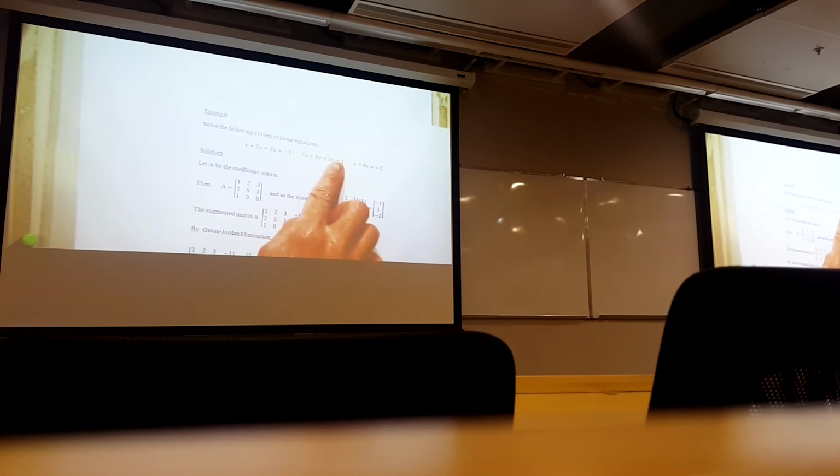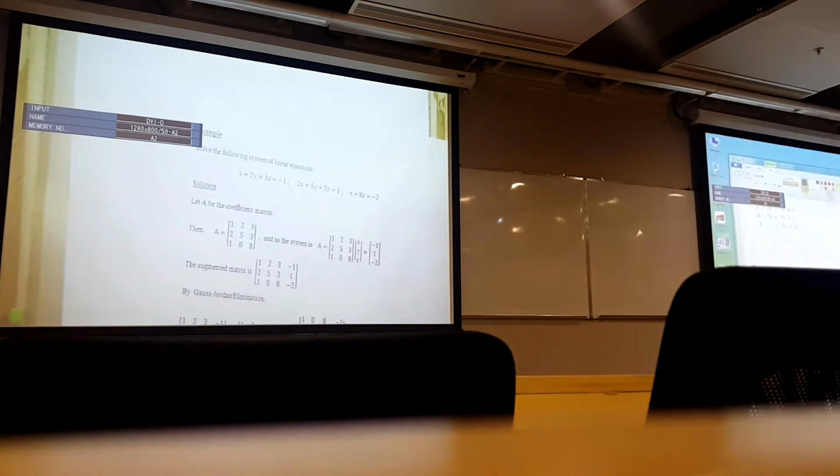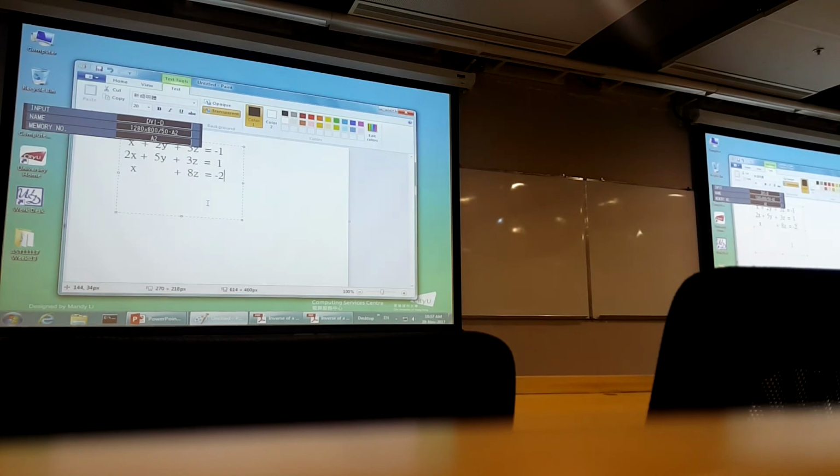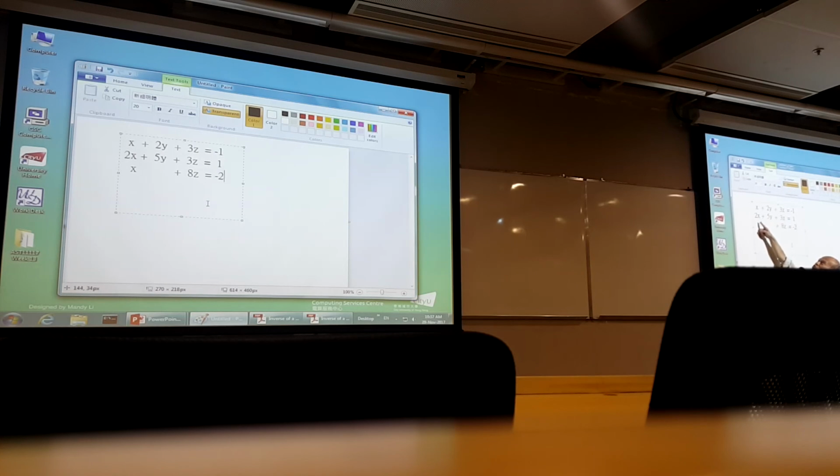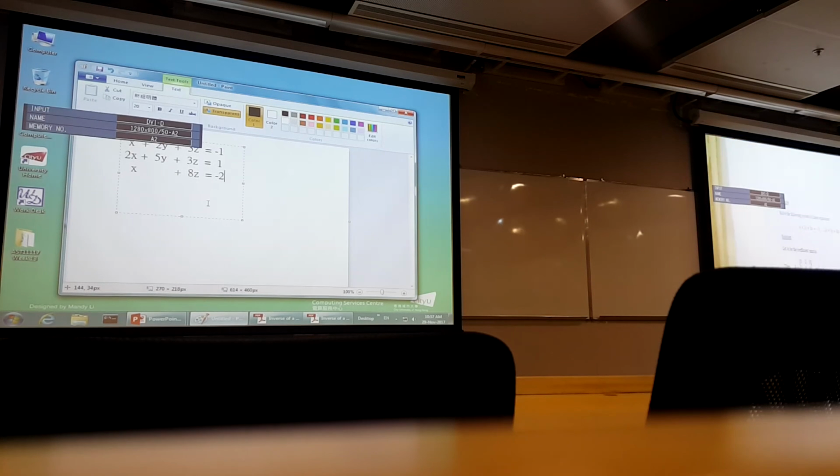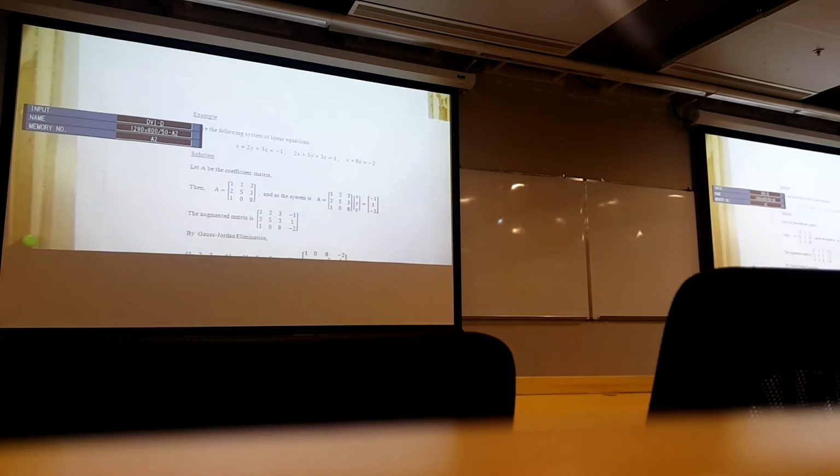If you cannot recognize them, I just write them here. And then from this system, we can see the coefficient matrix is 1, 2, 1, 2, 5, 0, 3, 3, 8. Right hand side is minus 1, 1, 2, which is the same as this one.